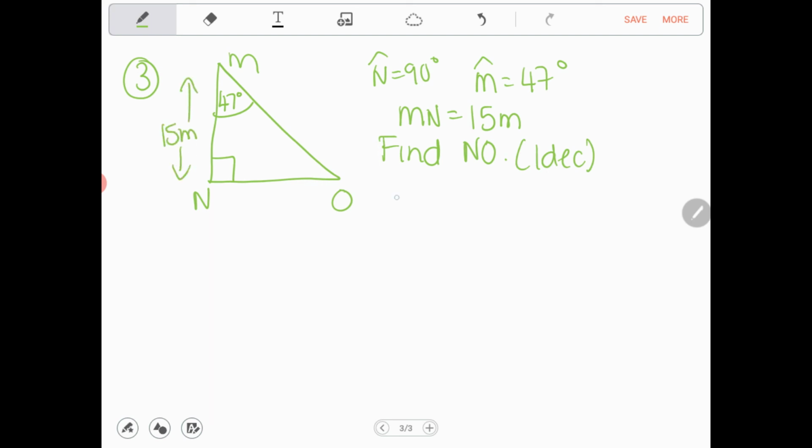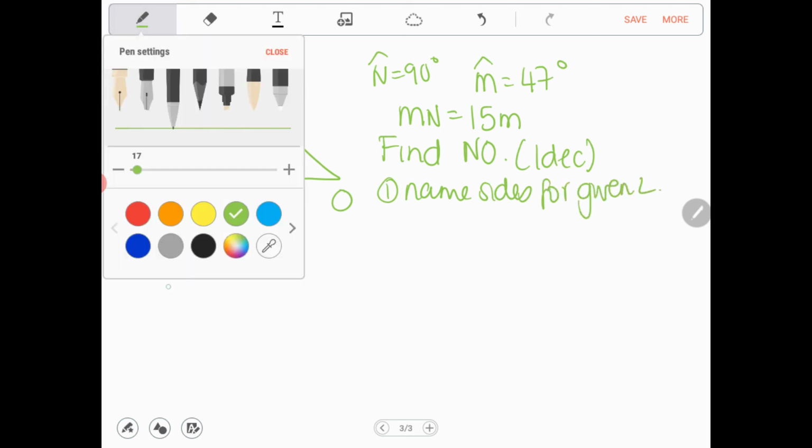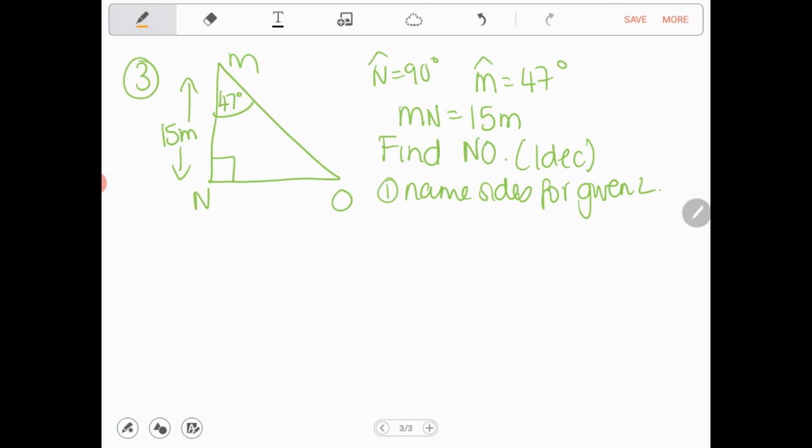Step one: name the sides for the given angle. I've been given the 47. So for 47, the hypotenuse is opposite the right angle, the adjacent is next to the 47 there, and then the opposite is on the other side, opposite the 47.